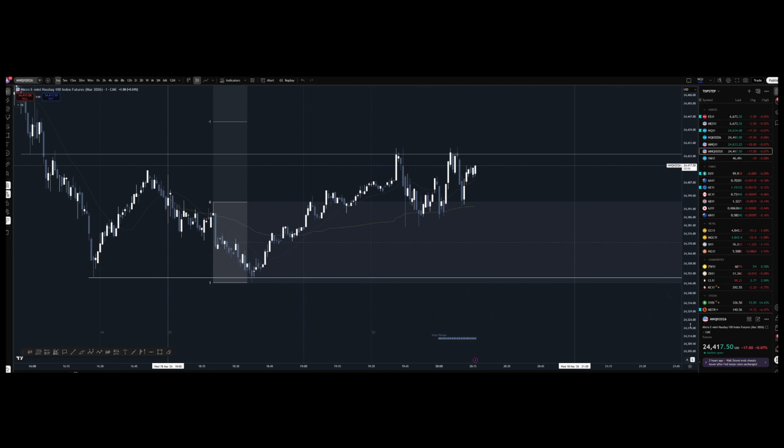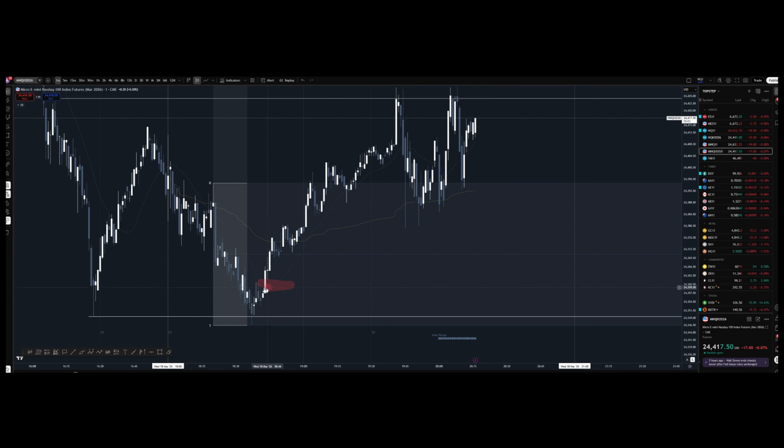One min OB and BISI. Is that from here? One min swing here. Even this whole swing getting in.